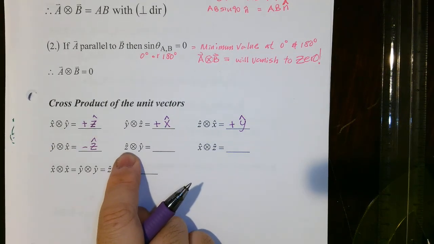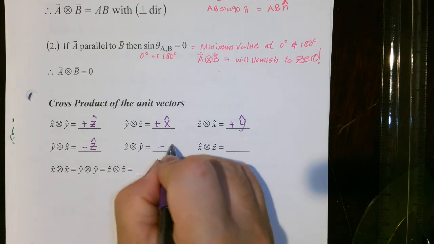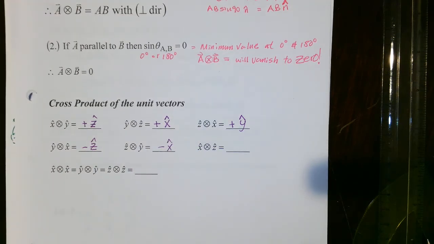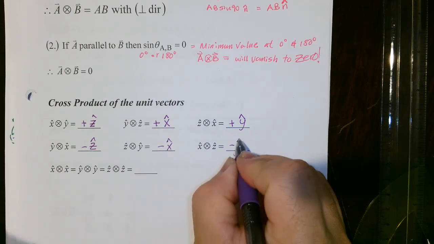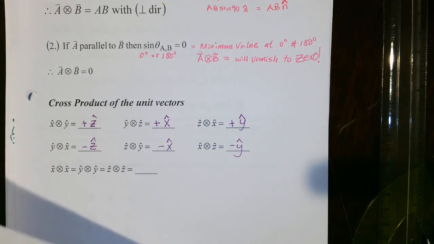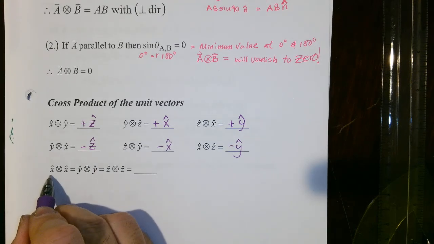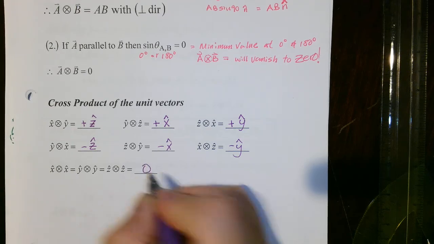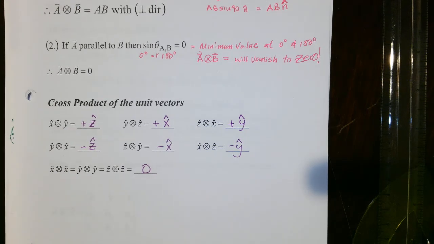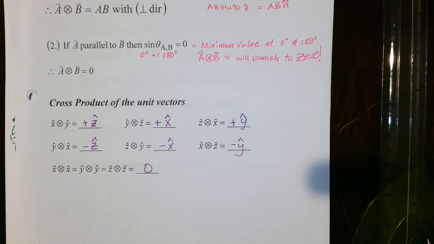Z cross y will produce negative x, and x cross z will be negative y. And then x cross x, y cross y, z cross z are all zeros. Everybody with me? All right then.